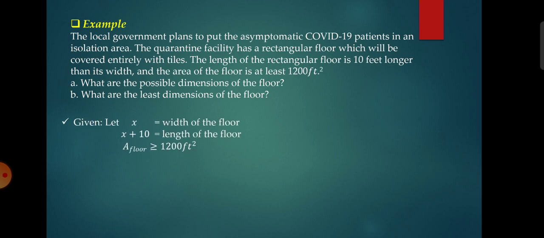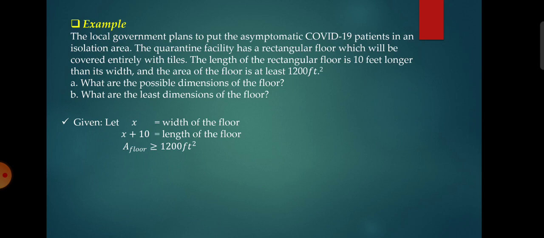Okay, so the first step, identify the given. So we will let x be the width of the floor, while x plus 10 would be the length of the floor. Kaya ang statement, the length of the rectangular floor is 10 feet longer than its width. So 10 feet longer.